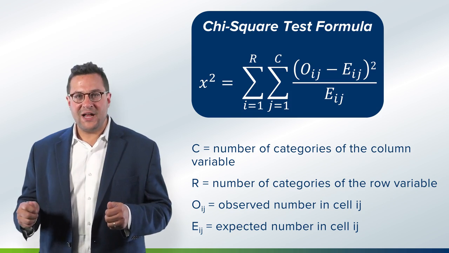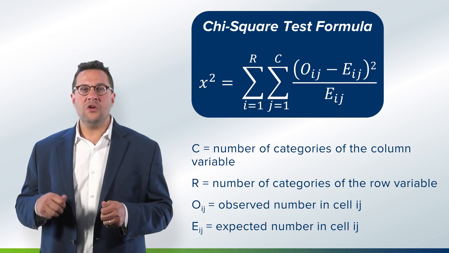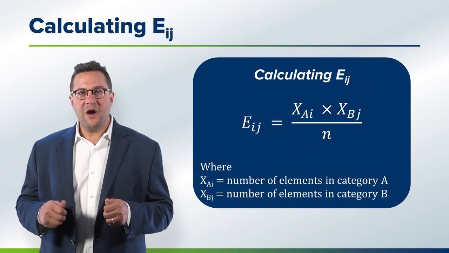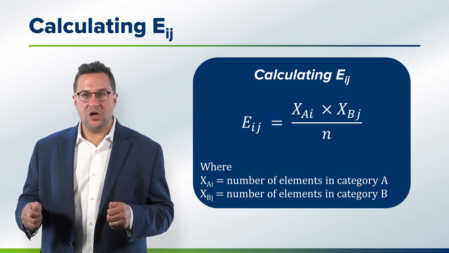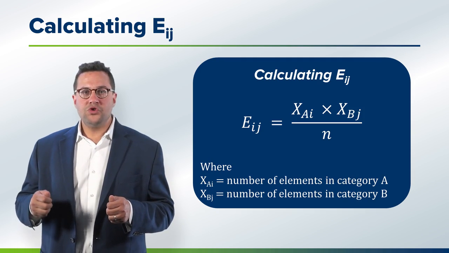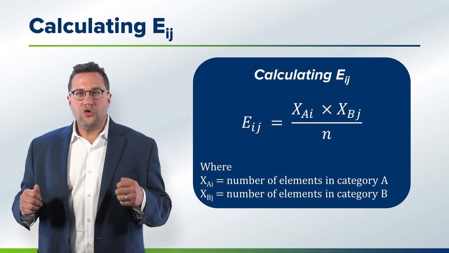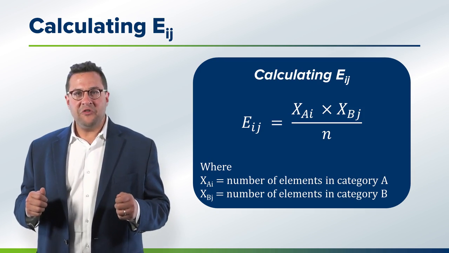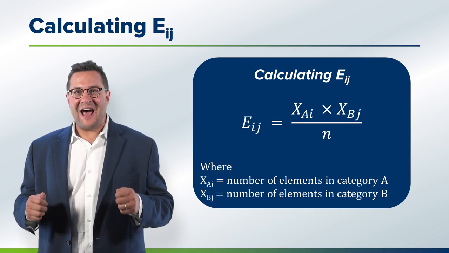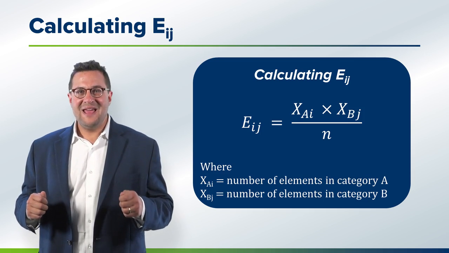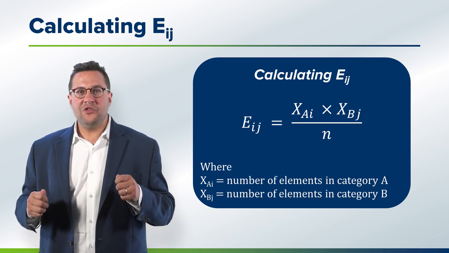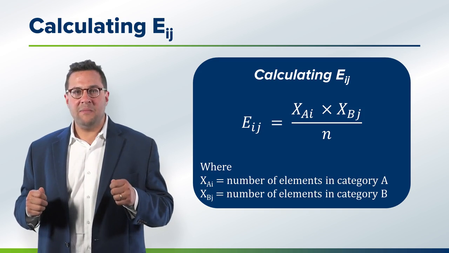Then E_ij is going to be the expected number in cell ij. What does that mean here? It means that if responses were totally random, what would be the number we should expect? So for example, E_ij is computed as X_Ai, which is the number of elements in category A, times X_Bj, which is the number of elements in category B, divided by the total.